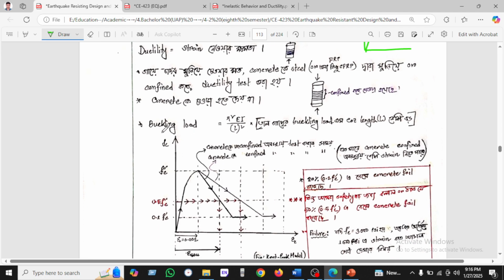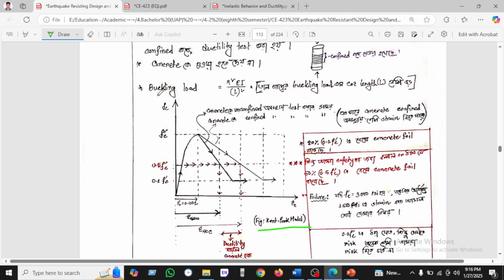Okay, so buckling load. We have seen here the Kent-Park model, which has strain 0.002 and strain 50 ultimate and 50 ultimate confined. This is the strain we have been given, and 0.20 f prime c is given on this dotted line, and 0.50 on the dotted line, and the ultimate f prime c is given.